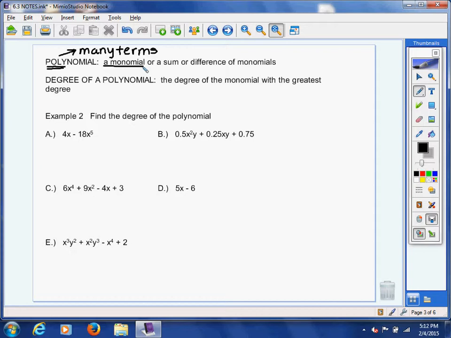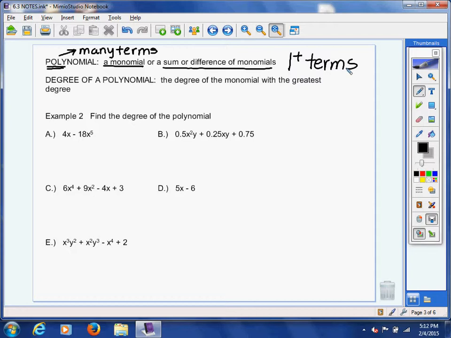Or it's a sum or difference of monomials. So you've got one or more monomials that you're adding or subtracting together, and we can call the whole thing collectively a polynomial. Okay? So just to make it real simple, it's one or more terms. It can be one term or it can be more than one term.